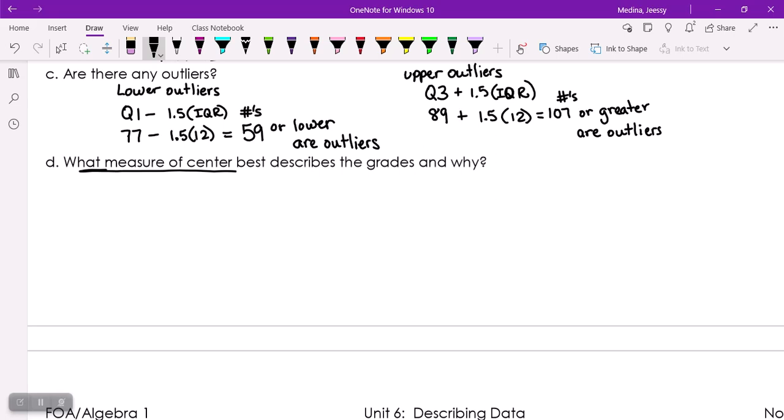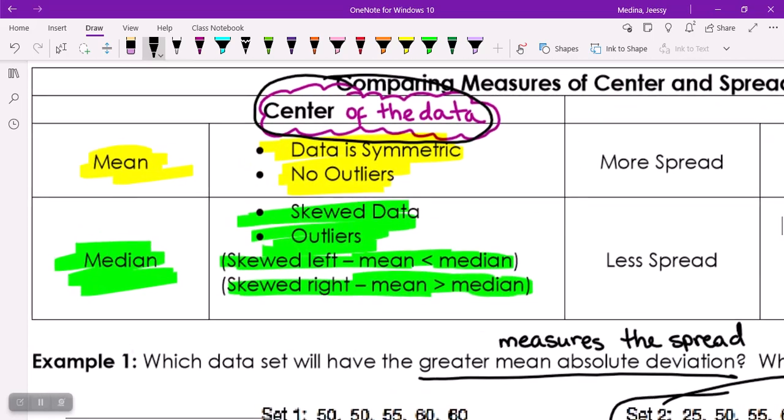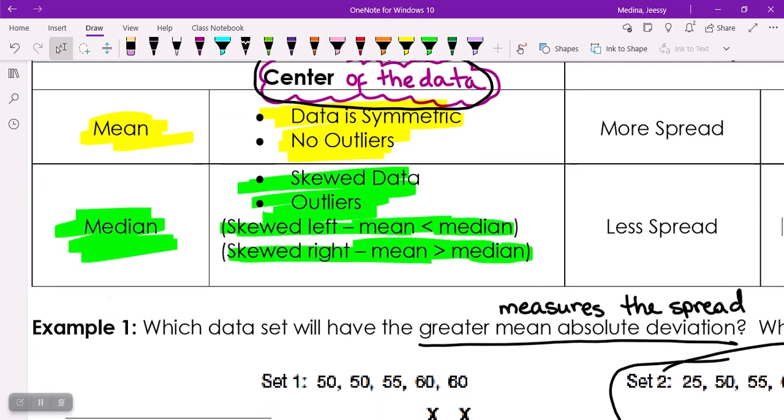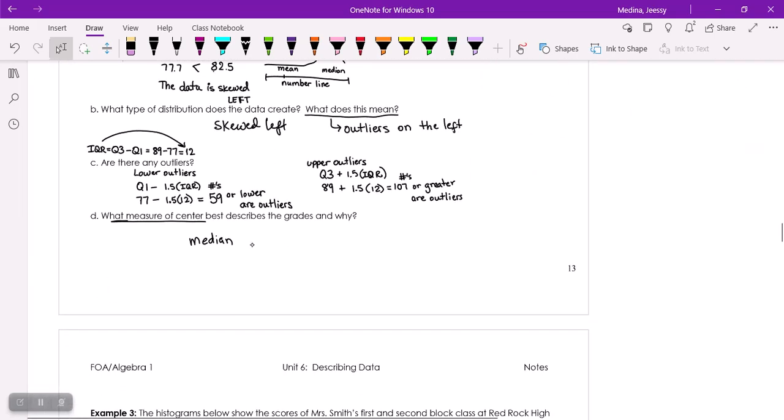Mean or the median? So which one are we going to use based upon this data? Median, why? That's not what the table says. It doesn't say that you use the median because of that. Because it's skewed left. Are we clear? There we go. Median because data is skewed left.